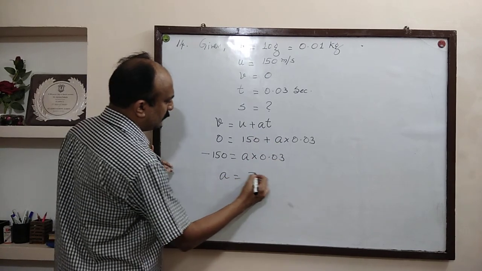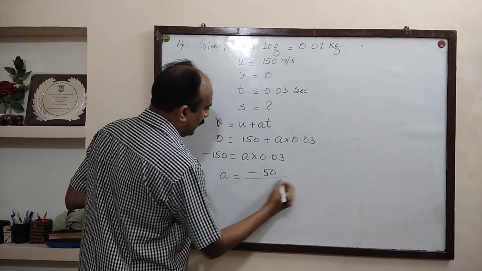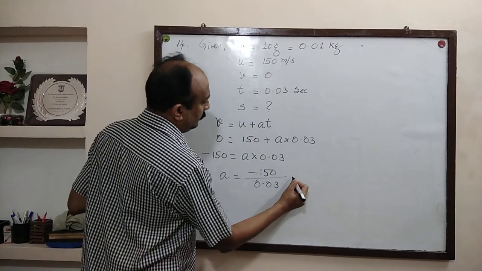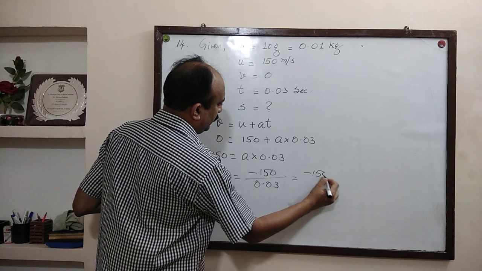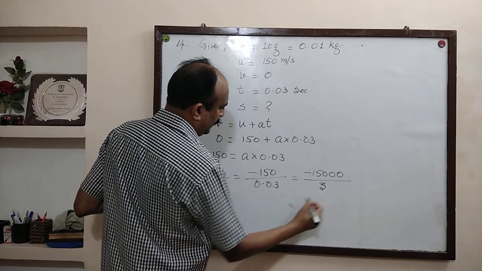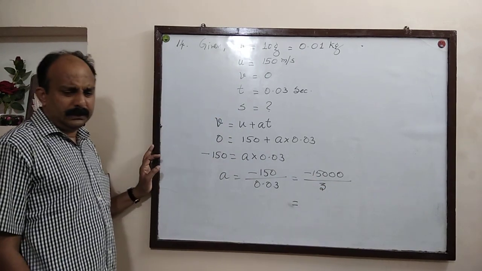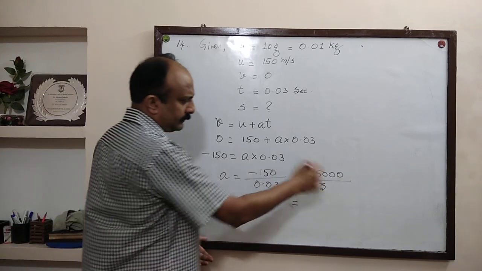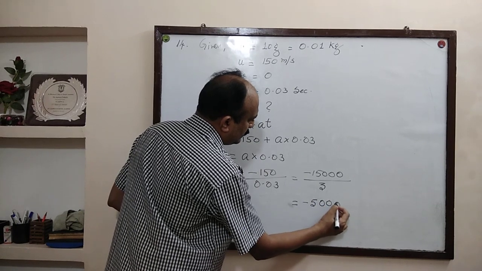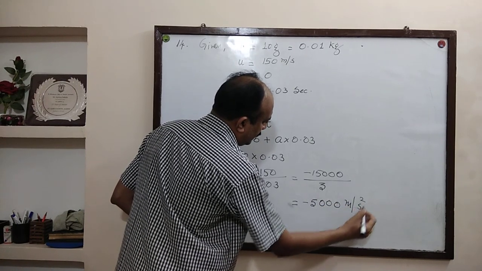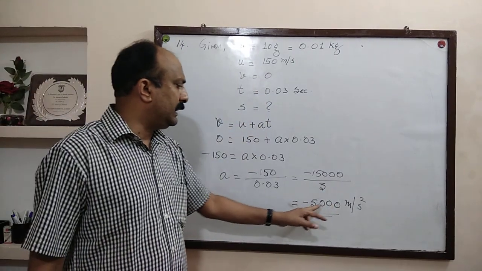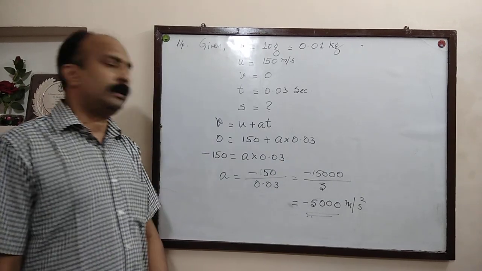So A is equal to minus 150 upon 0.03, which is equal to minus 150, 2 decimals, so 2 more zeros upon 3. 3 and 5, 3 and 15 got cancelled, minus 5,000 meter per second square. So we got acceleration A is equal to minus 5,000 meter per second square.